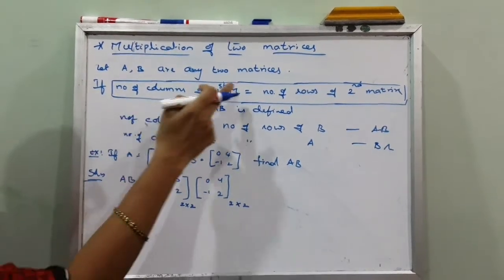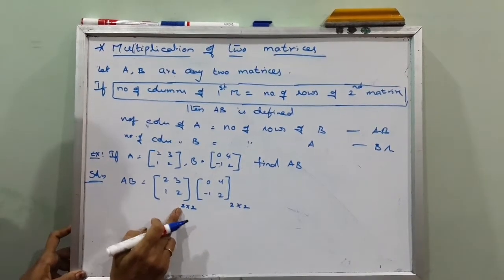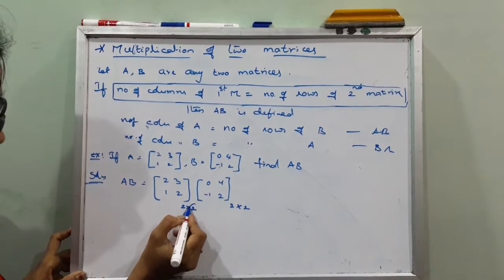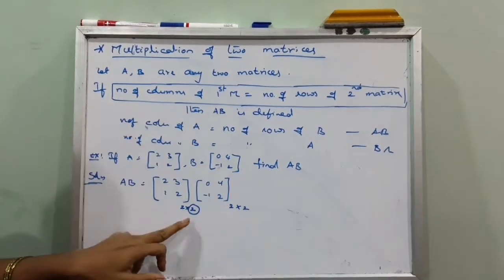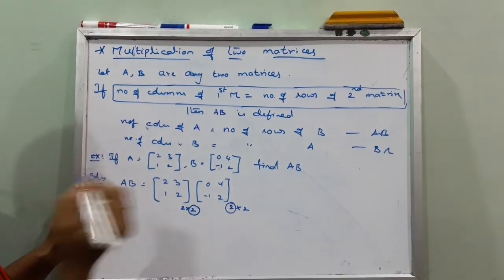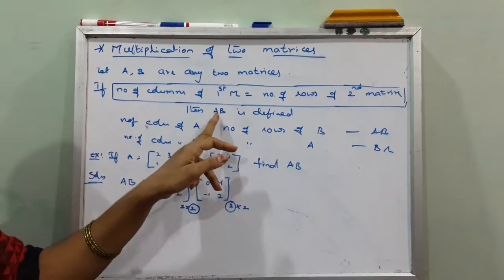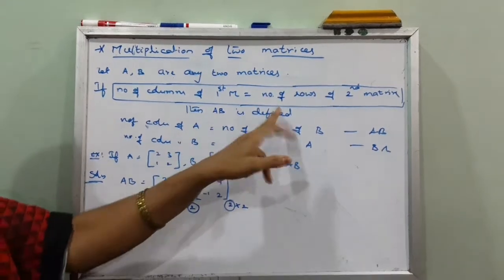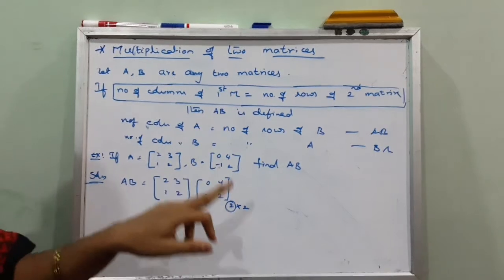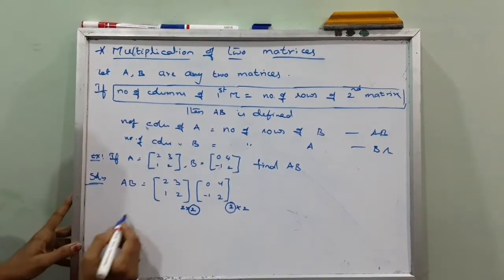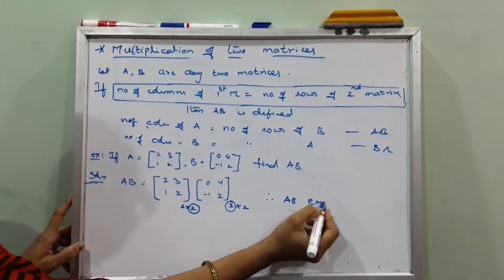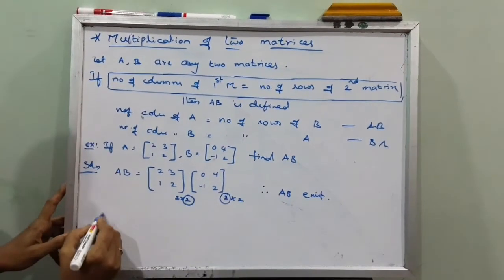So 2 is equal to 2. Here the number of columns is equal to the number of rows. Therefore, the multiplication of A and B exists.